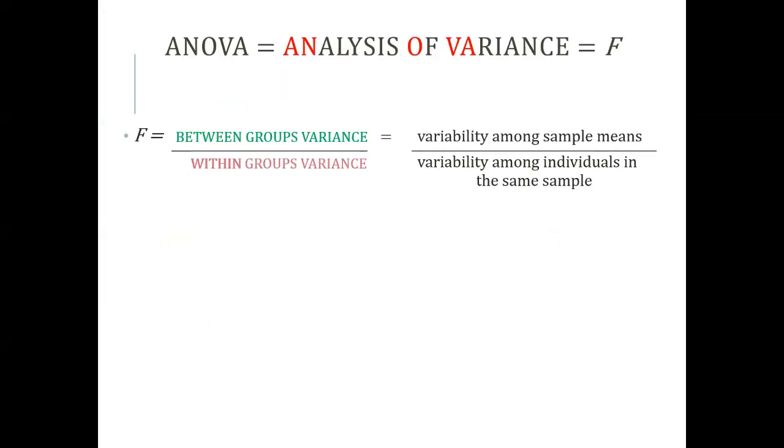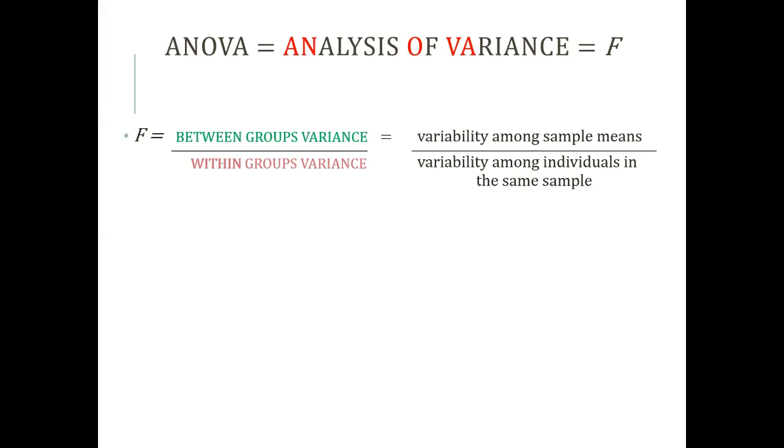So let's remind ourselves what an ANOVA is. ANOVA is an acronym for analysis of variance. In this, we're going to calculate the F statistic. The F statistic is a ratio of the between groups variance over the within groups variance. In other words, this is a ratio of the variability among the sample means, so differences between the different groups that my participants are in, over the variability among the individuals within a sample mean.